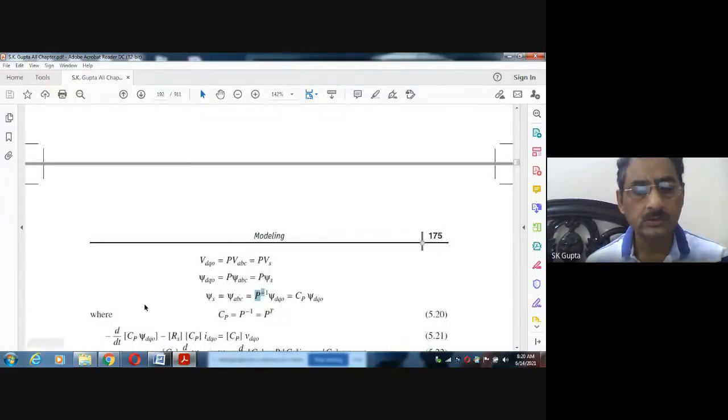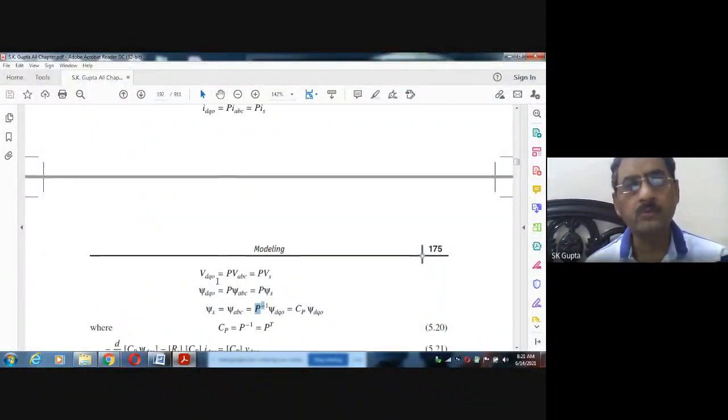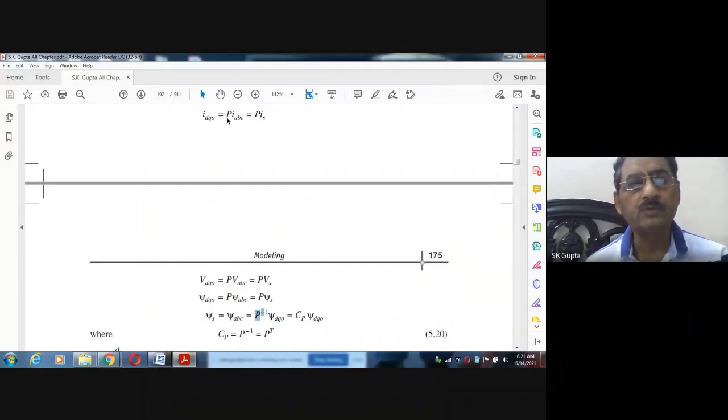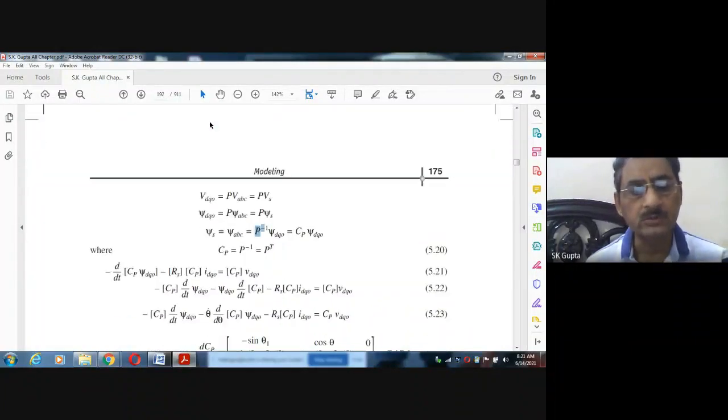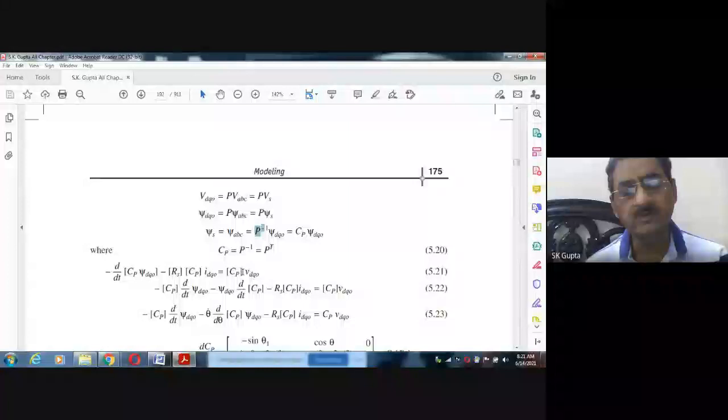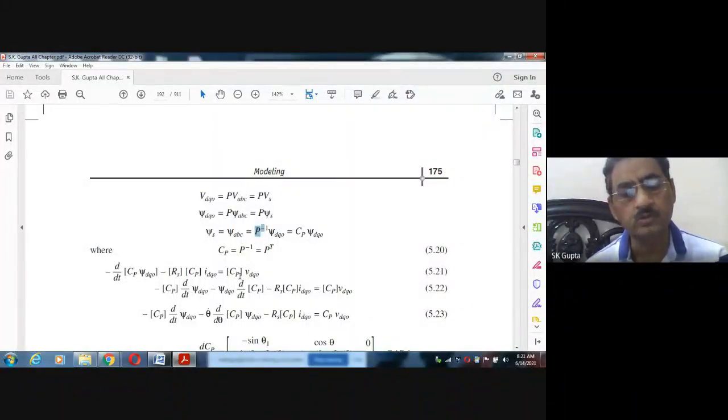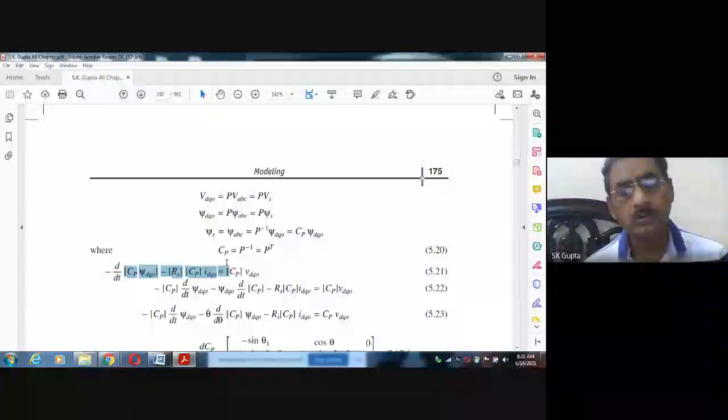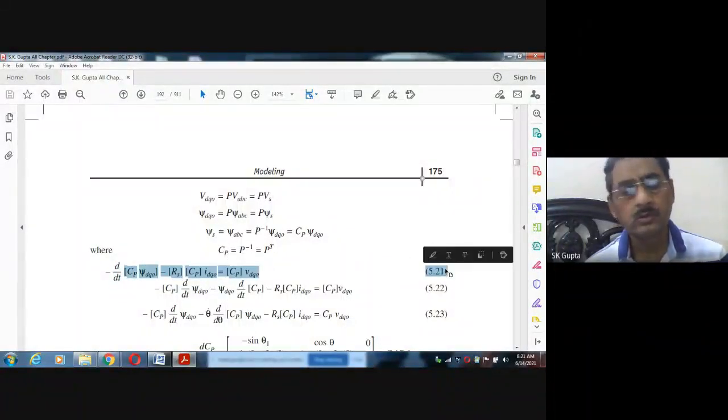In place of psi s, it is written as Cp psi dq0. And in place of is, it is written as Cp idq0, because similar to this, iABC is equal to P inverse of idq0, that is Cp idq0. That's why we have written like this. Similarly, here it was vABC, so it is Cp of vdq0. Is this equation clear or not? Is the equation clear? Yes. Antram?